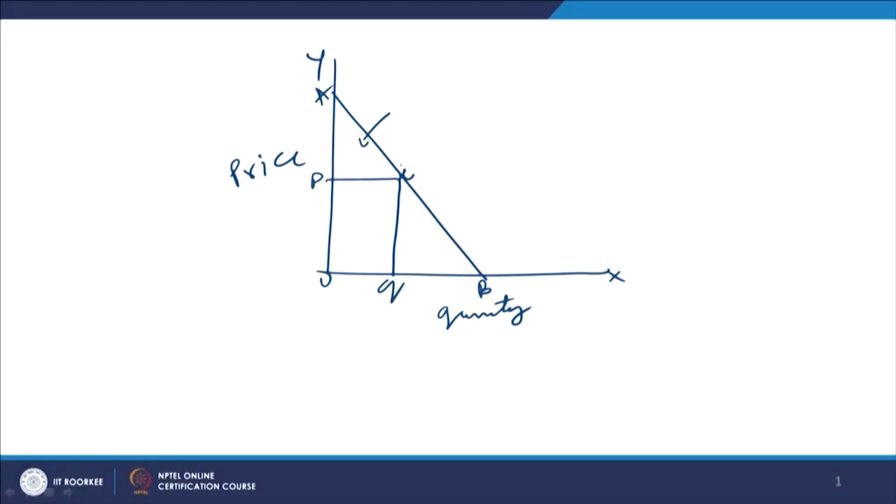Now, if the market price increases and P0 becomes P1, and P1 is greater than P0, what happens?